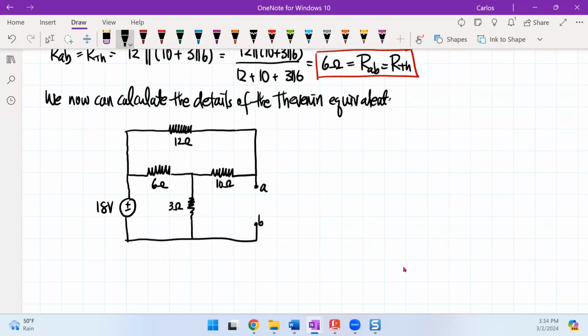But if I now convert this into a Thevenin equivalent, I now have VTH, which is now 12 volts. I have a Thevenin resistance, which we now call 6 ohms.